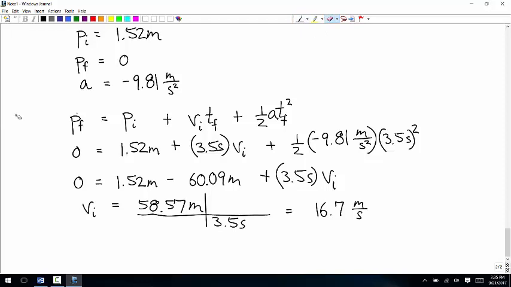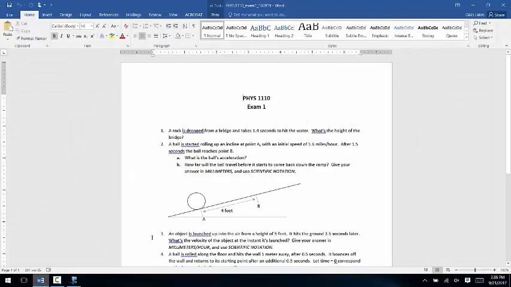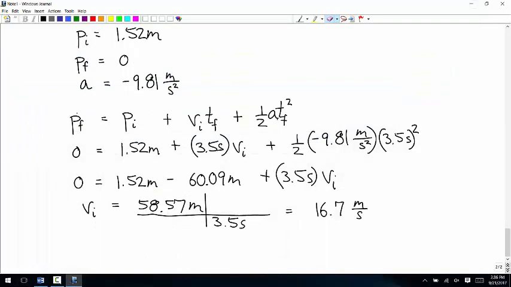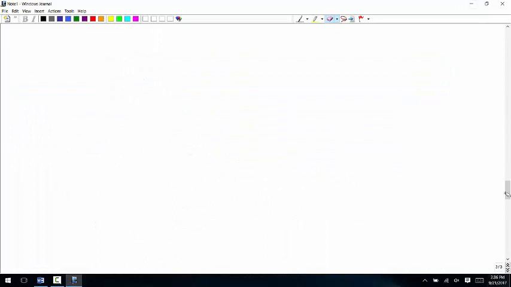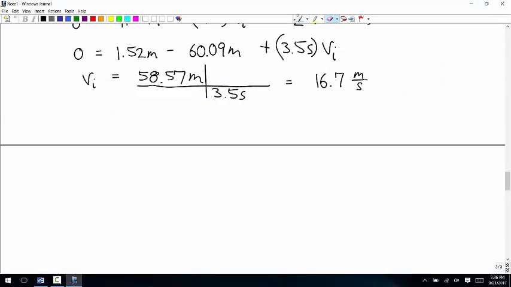Does it make sense that that's positive? Yes, because it's moving up at the instant it's thrown or launched. And then we have to put this in some wacky thing. Millimeters per hour in scientific notation. So 1 millimeter is 1 times 10 to the minus third meters.